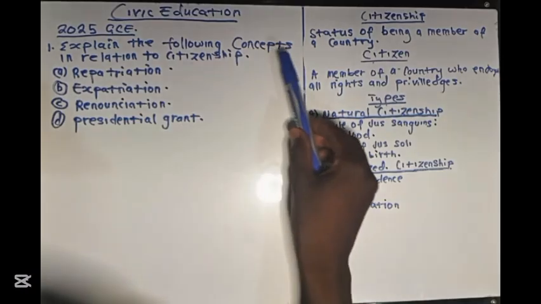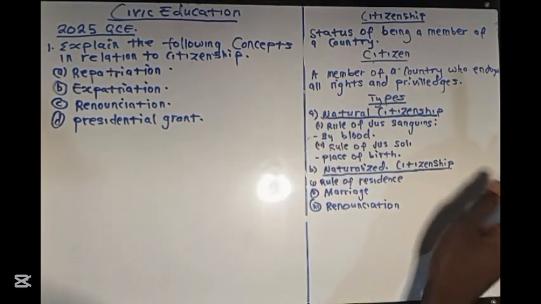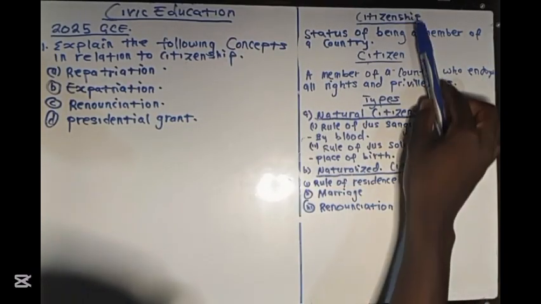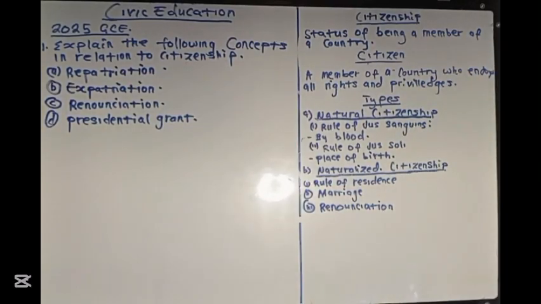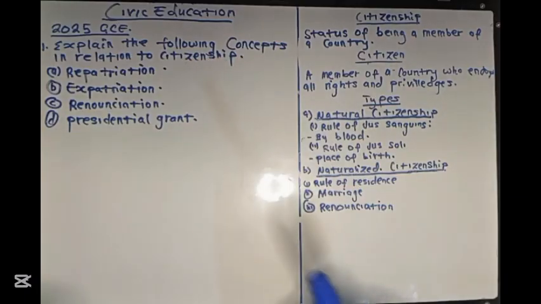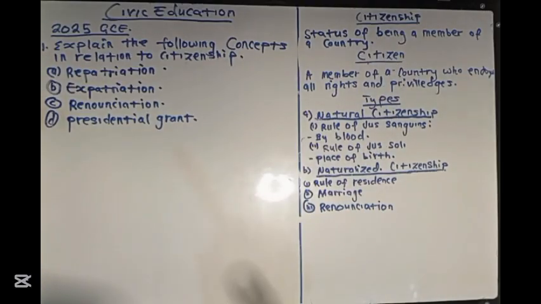So meaning we need to know everything about citizenship, or at least most of it. Firstly, we are going to define citizenship, and we're going to talk about a citizen, and finally the types of citizenship. Citizenship is the status of being a member of a country.